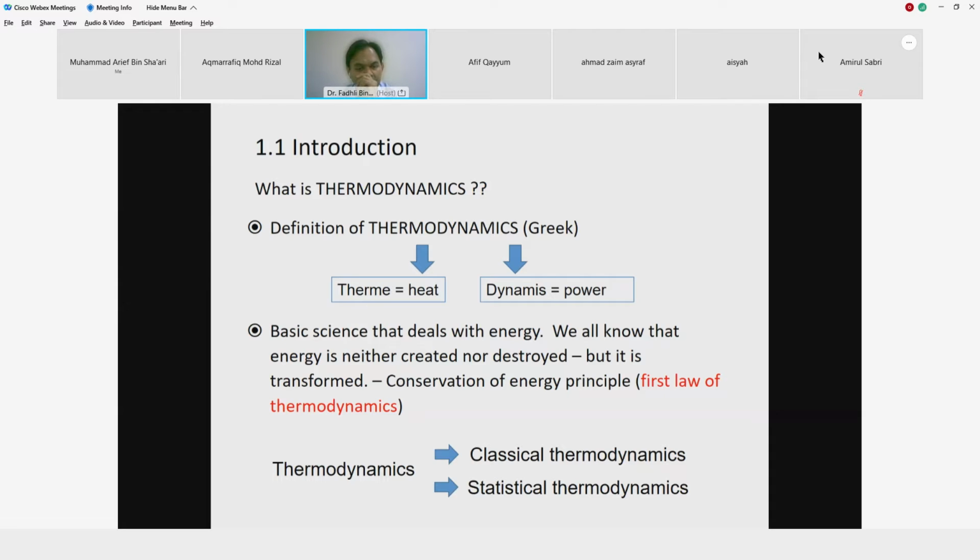So it is a basic science that deals with energy.